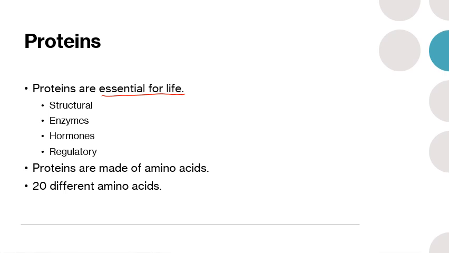Proteins can be structural, they can be used to build. They can be enzymes, so they can be used to digest, or also to build, in fact, but we do talk about this later. Some hormones are proteins, so they can be used as signaling molecules or messages.